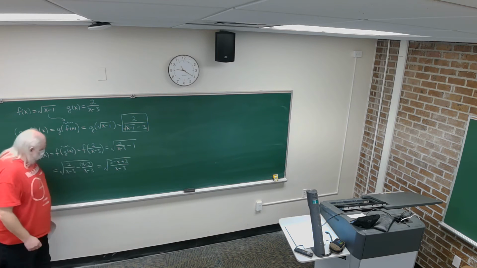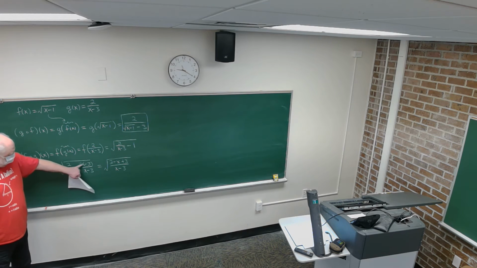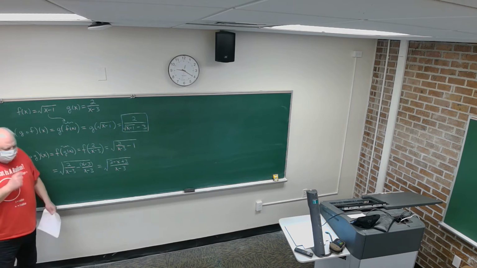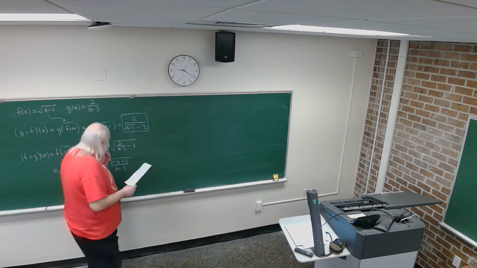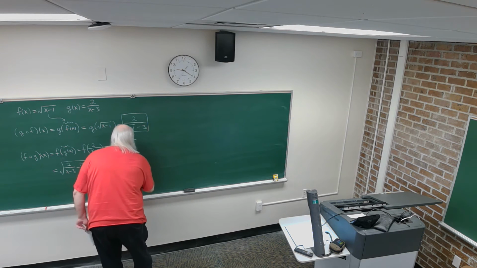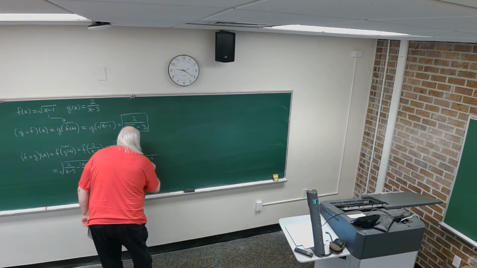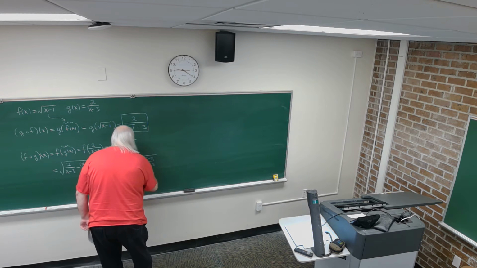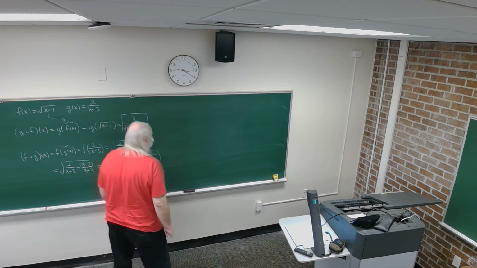When you distribute the minus sign, you have minus x plus 3. So 2 minus x plus 3 simplifies to 5 minus x. So this simplifies to 5 minus x over x minus 3. Okay?